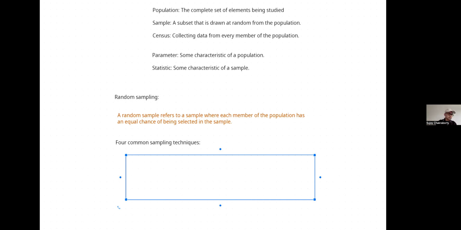Okay. Right. So that is stratified sampling. You break the entire population into different subgroups based on certain characteristics, and then you sample each subgroup. Okay. So that you have at least one representative from each of those subgroups in your sample.